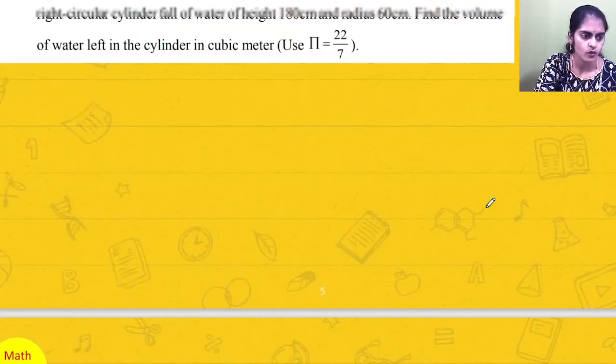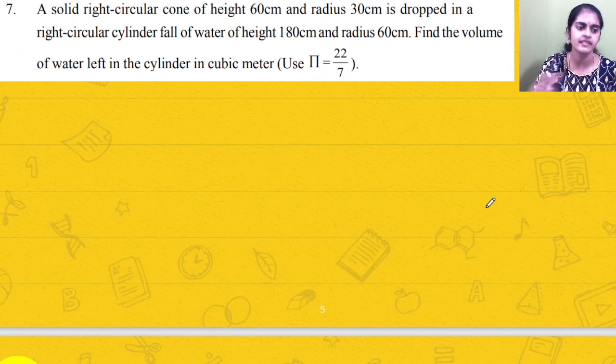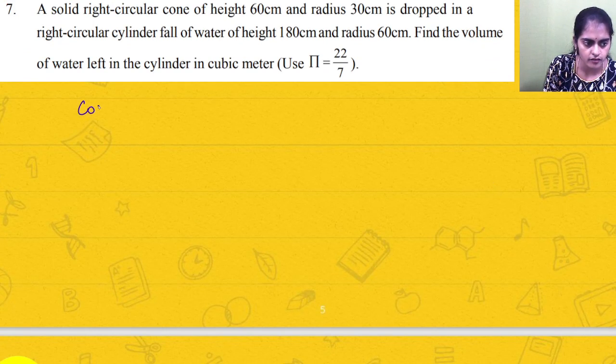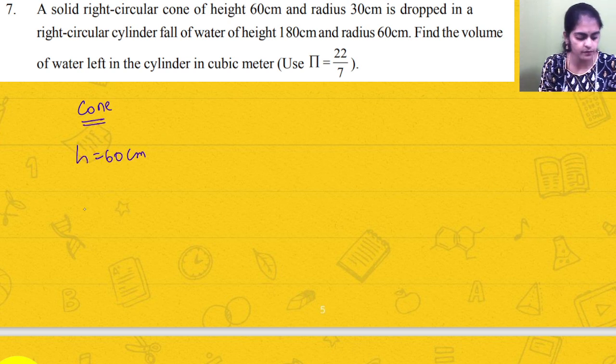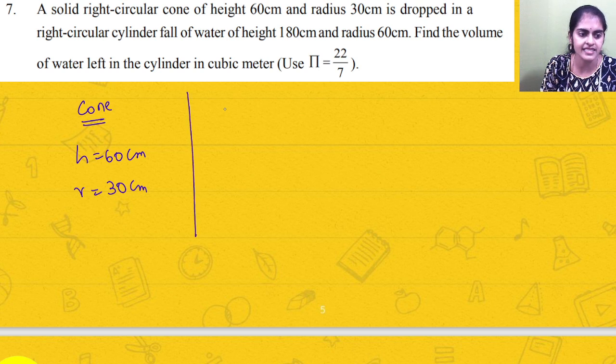Okay, so see question number 7, a right circular cone of height 60 centimeter. Okay, here for cone, height of cone is given as 60 centimeter. Okay, now radius is given as 30 centimeter. Okay, is dropped in a right circular cylinder.